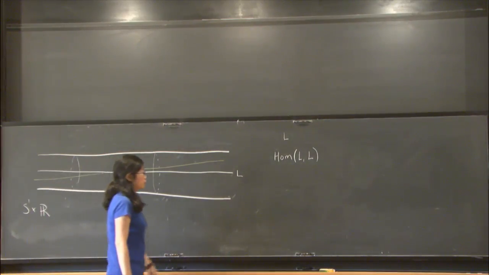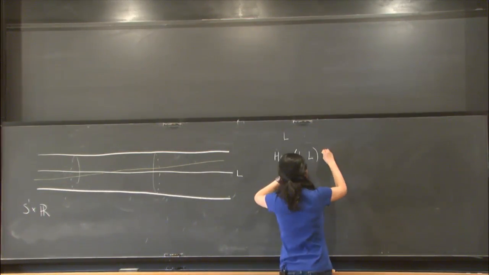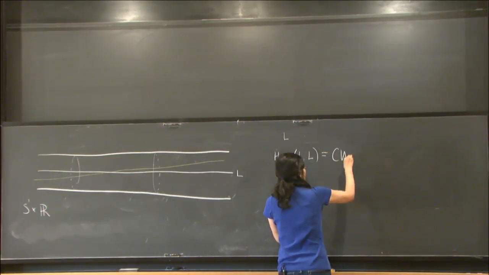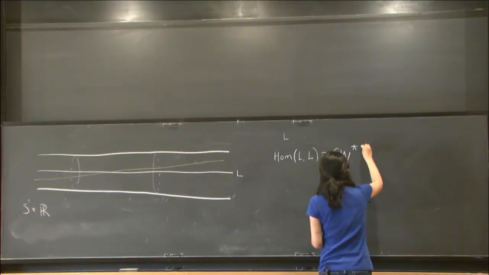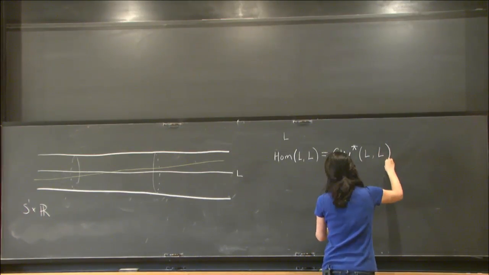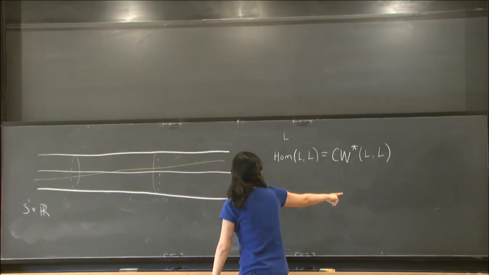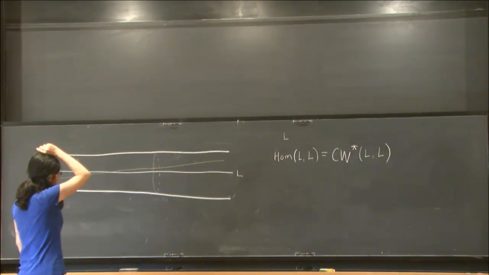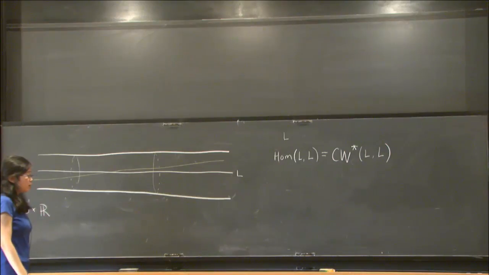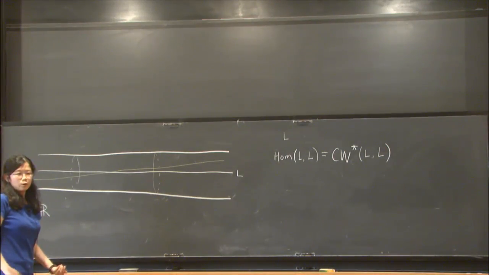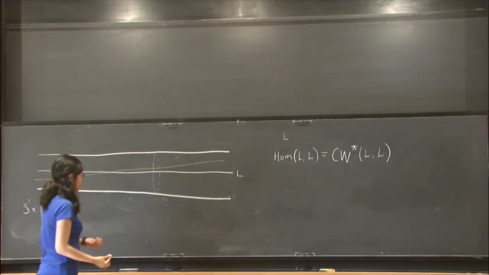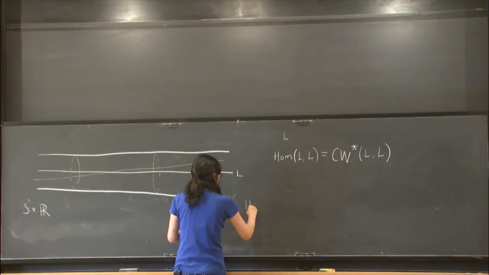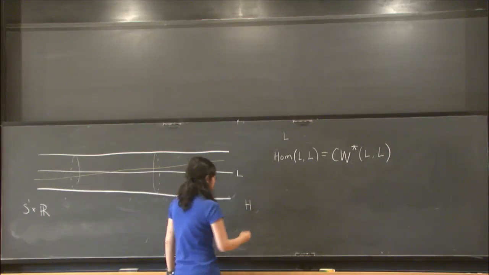How do we define the morphism complex in the wrapped Fukaya category? It's going to be the wrapped Floer complex between L and L. Let me spend a couple of minutes defining that. In order to define it, we need to pick a Hamiltonian perturbation. I'm going to pick a sequence of Hamiltonian perturbations.